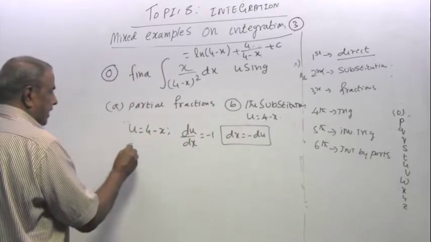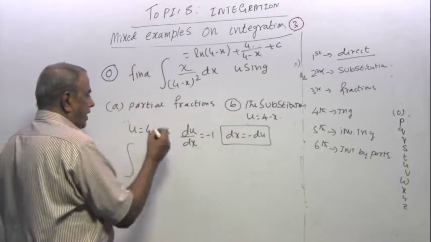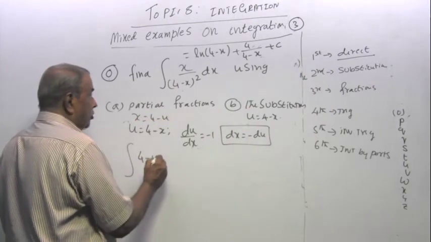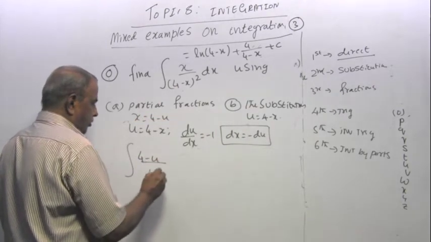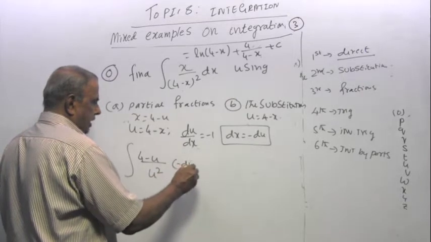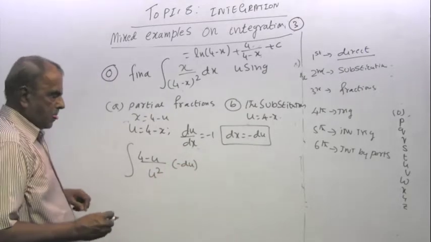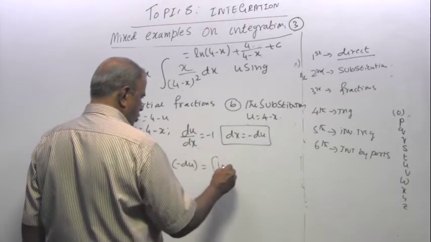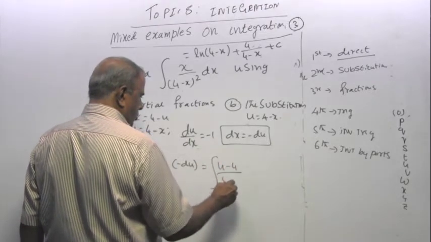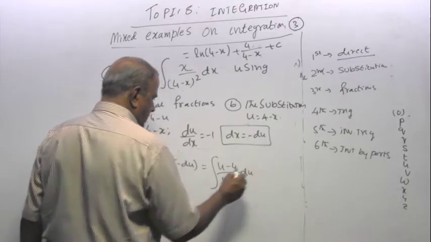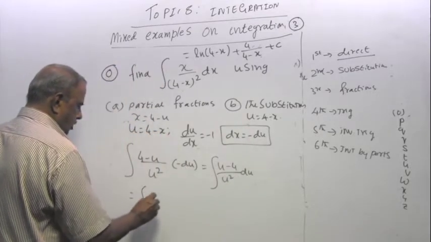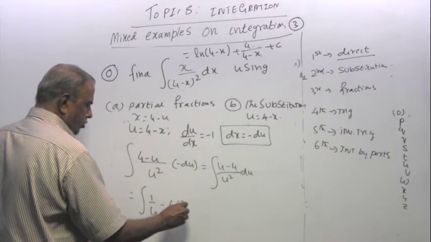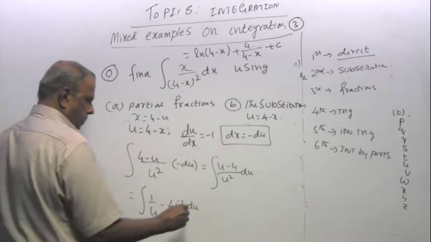So, it becomes the integral where x is 4 minus u, so (4 minus u) over u squared times minus du, or the integral of (u minus 4) over u squared du, which is the integral of 1 over u minus 4 u power minus 2 du.